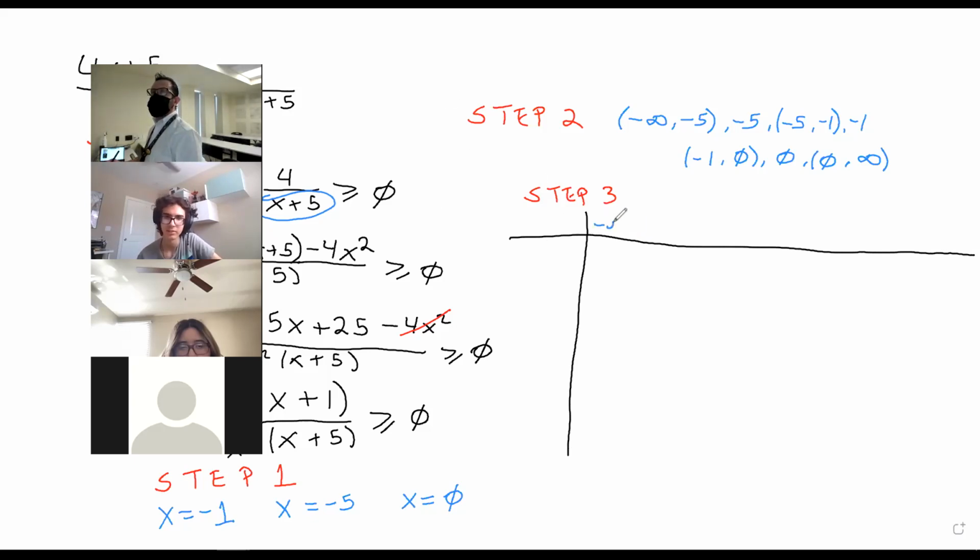Correct. And write these down as small as possible so they all fit. Then we've got minus 5, minus 5 to minus 1, minus 1, minus 1 to 0, 0, and 0 to infinite.